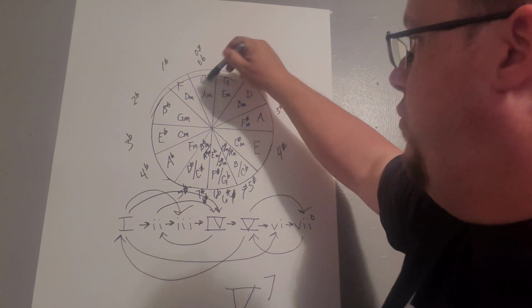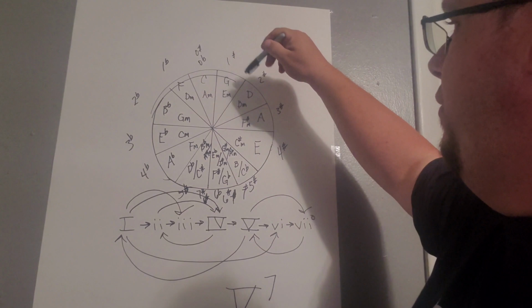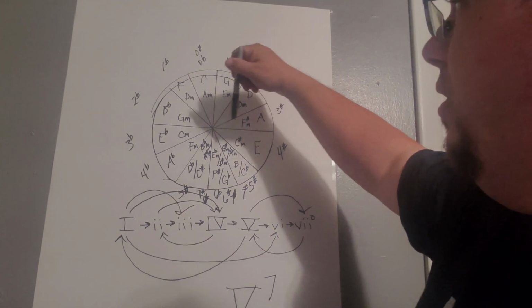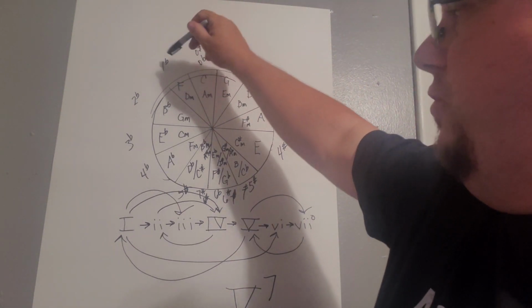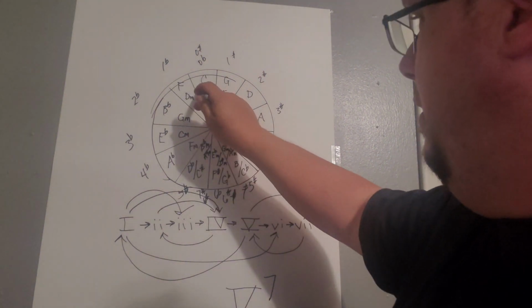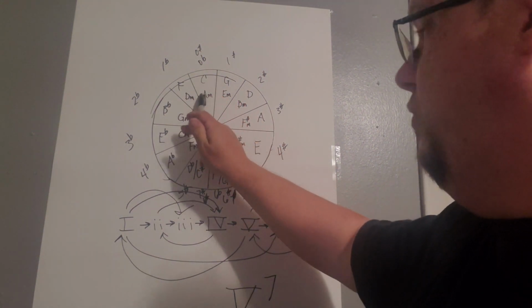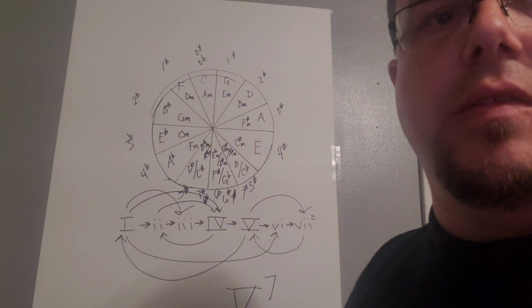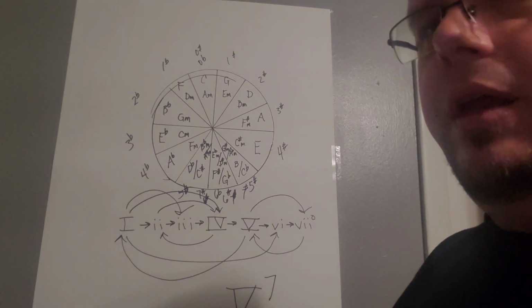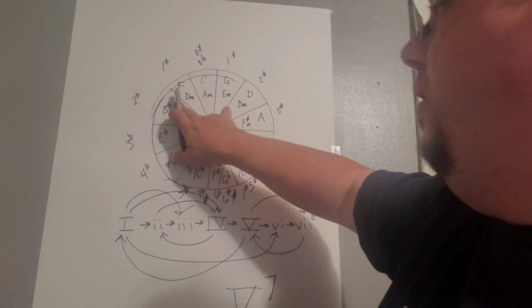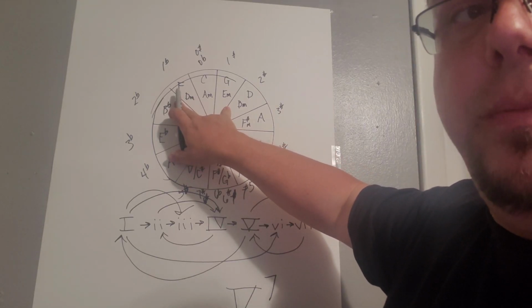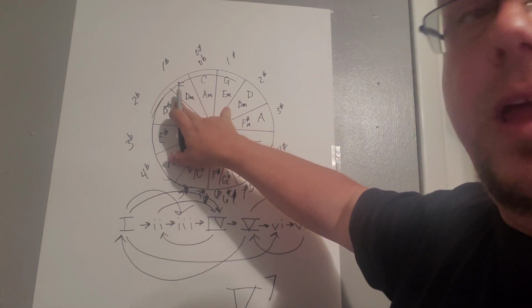Like C major, no sharps, no flats; G major, one sharp; F major, one flat; relative minor to C major would be A minor. Things of that nature. Now, what they don't talk about are the relationships, why that stuff matters.